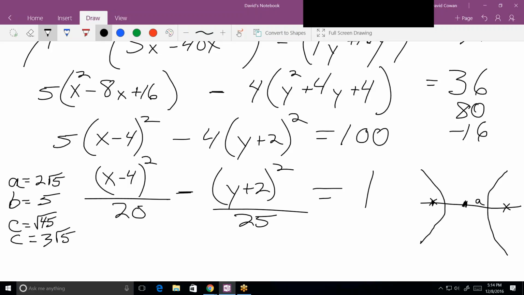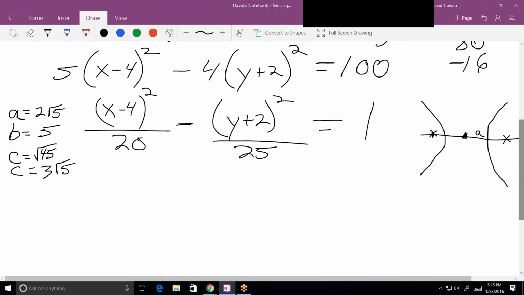All right. So what did they ask specifically for? Let's list everything we know, which is the center, the foci, and the vertices. Where's the center?